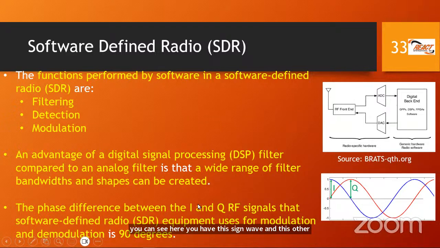So the phase difference between the I and Q radio frequency signals that SDR equipment uses for modulation and demodulation is 90 degrees. So that's an exam question, and that's why we have this showing here. It's a 90 degree out of phase signal between the I signal and the Q signal.